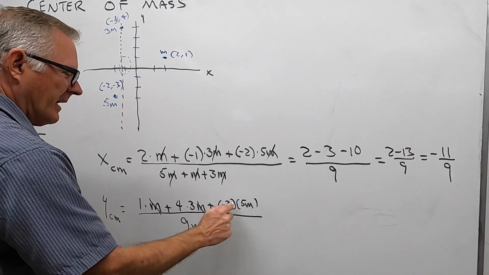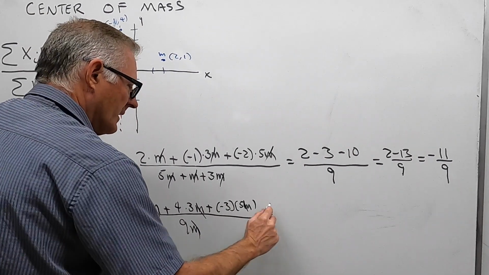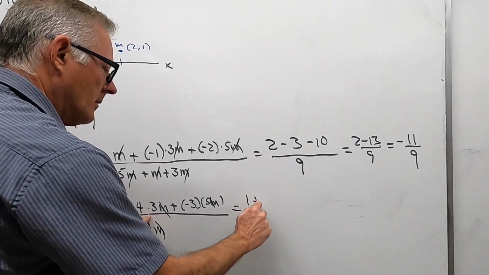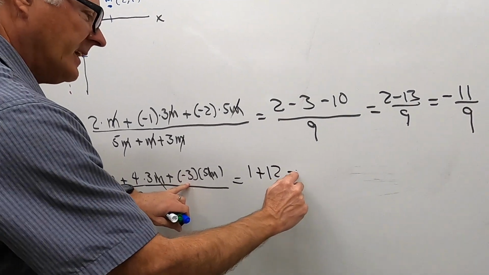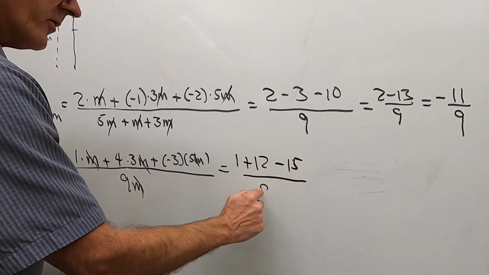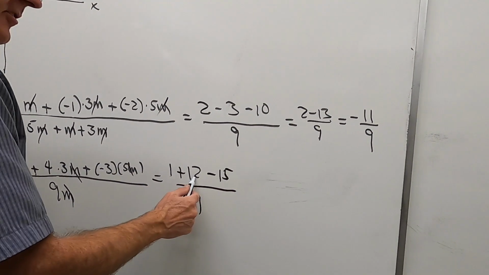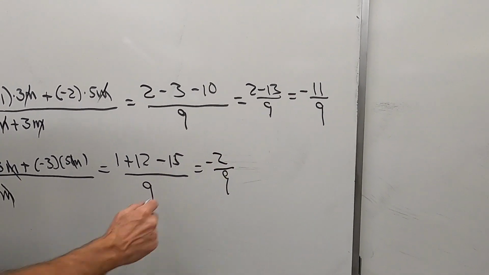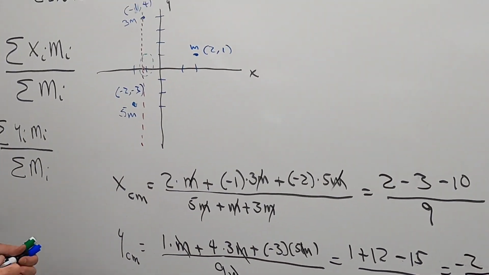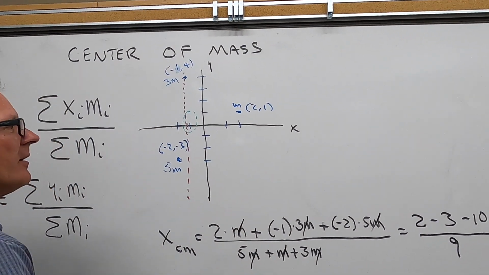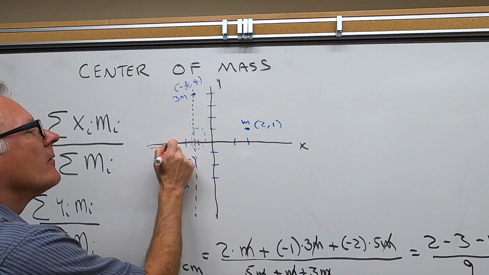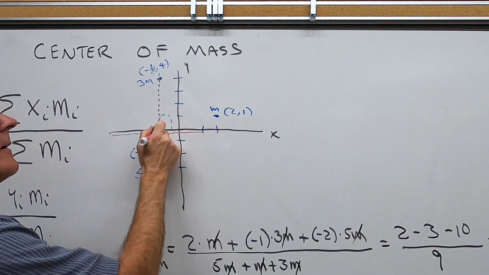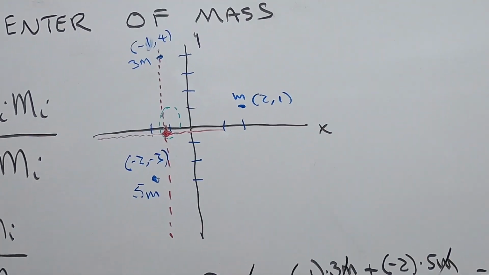So the m's again all drop out, and we get 1 plus 12 minus 15 all over 9. That's 13 minus 15, which is minus 2 ninths. Minus 2 ninths is slightly lower than 0, so it's about right there. And so there is the center of mass right there.